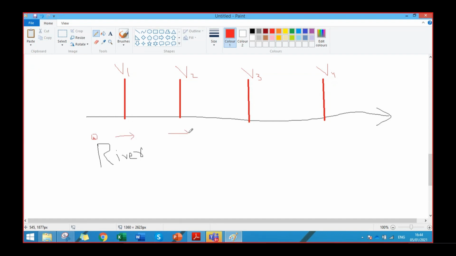After this, there is a particle B. So I have all the properties of particle A with change in location and with change in time, because it will take some time for particle A to travel from point 1 to point 2, then point 2 to point 3, and then point 3 to point 4. So with change in time, I will have the four velocities. Let's say in a 10 seconds duration, I will have 4 velocities for particle A.